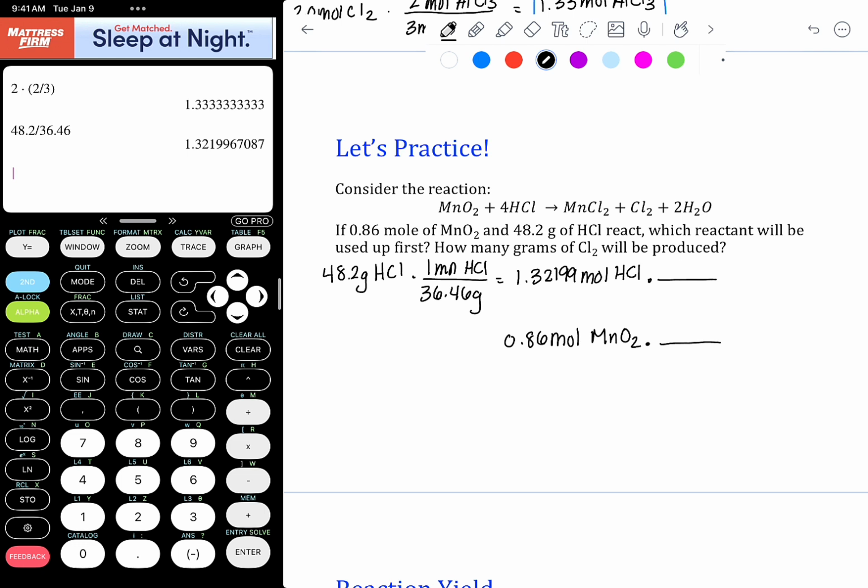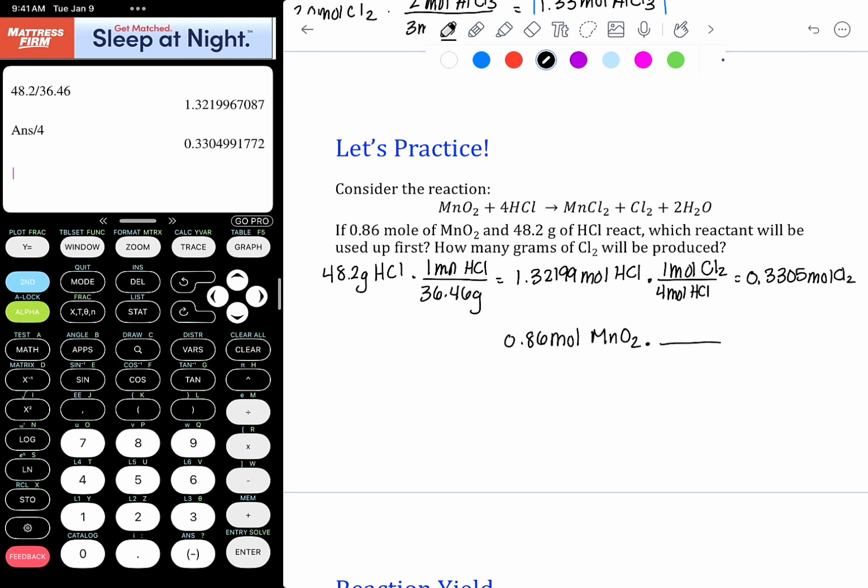But again, like we saw in our previous examples, you can go to any product, and it'll still tell you what's limiting. So we're going to convert this from 4 moles of HCl to 1 mole of Cl2. So we get this divided by 4, right? And we get 0.3305 moles of Cl2.